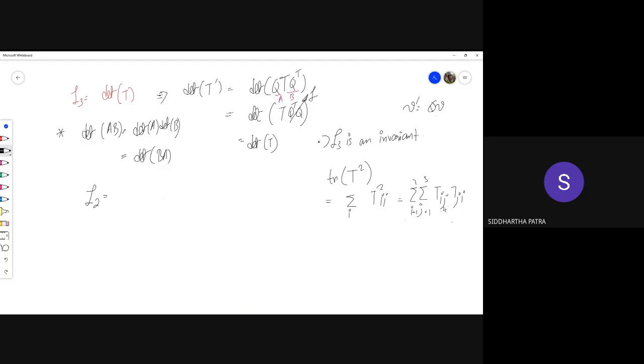For example, let's take i equals 1 and j equals 1. So it is t11 squared. Then the next term, if I take i equals 1 and j equals 2, would be t12 times t21. Now, can you find out the expression for trace of t squared?